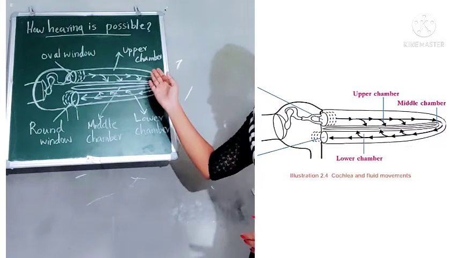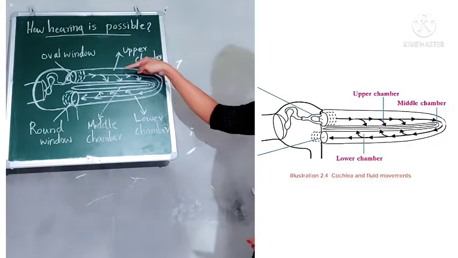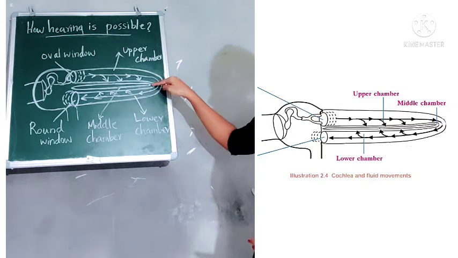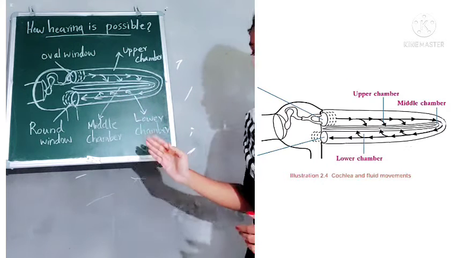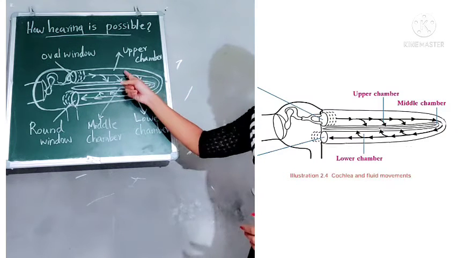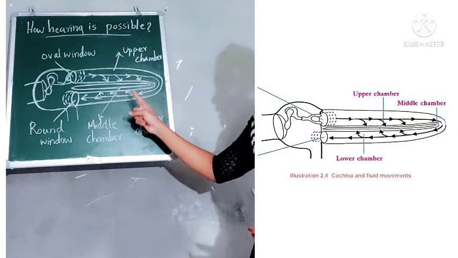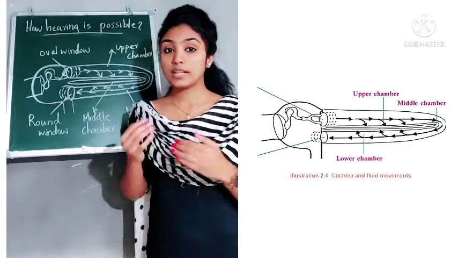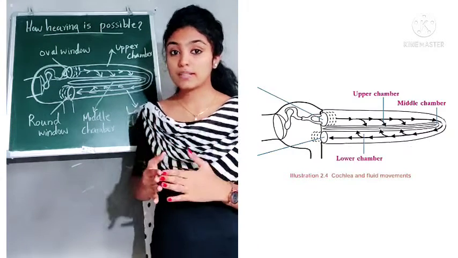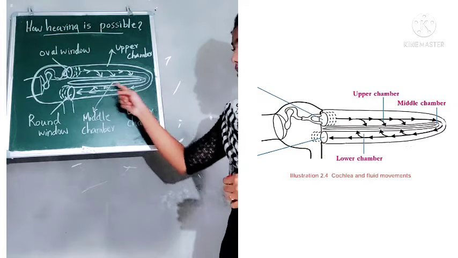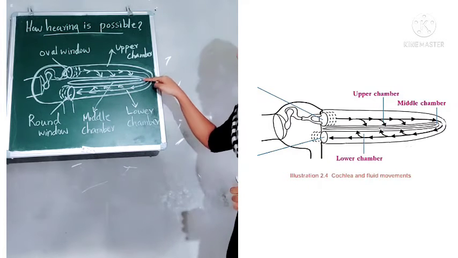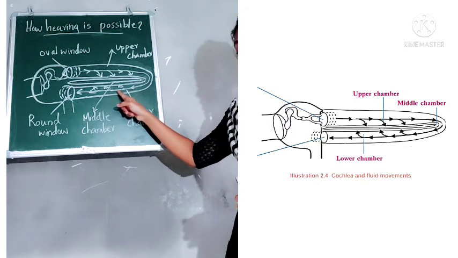The cochlea consists of an upper chamber, a middle chamber and a lower chamber. So here you can see three chambers. There is a membrane that separates the middle chamber from the lower chamber.